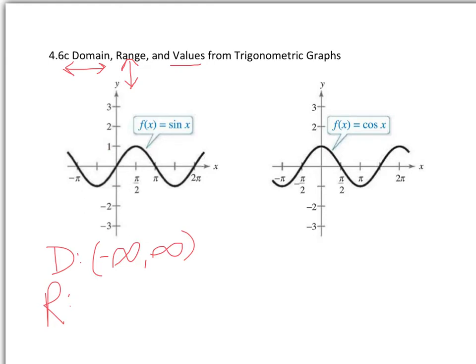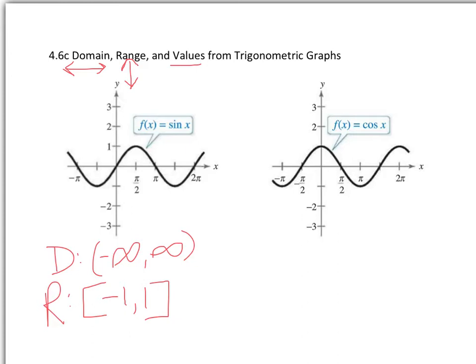So you're going to list it like this: bracket -1, comma 1. The brackets mean including -1. If you're using parentheses, like we did on infinity, it's up to but not including infinity. You always use parentheses on infinity because you can't actually get there, so it's just up to.